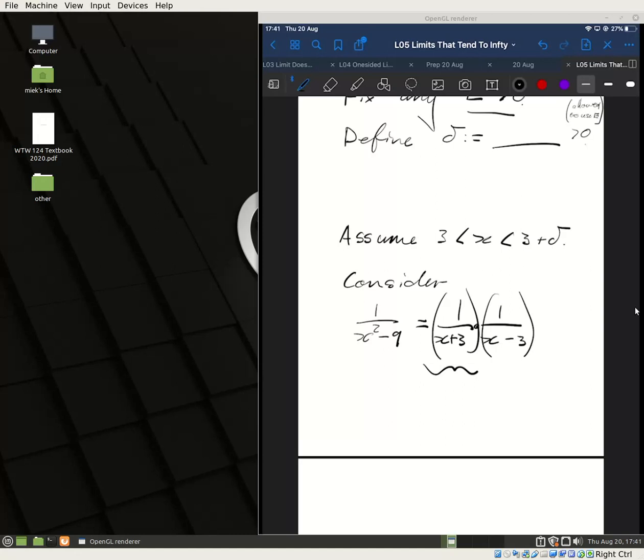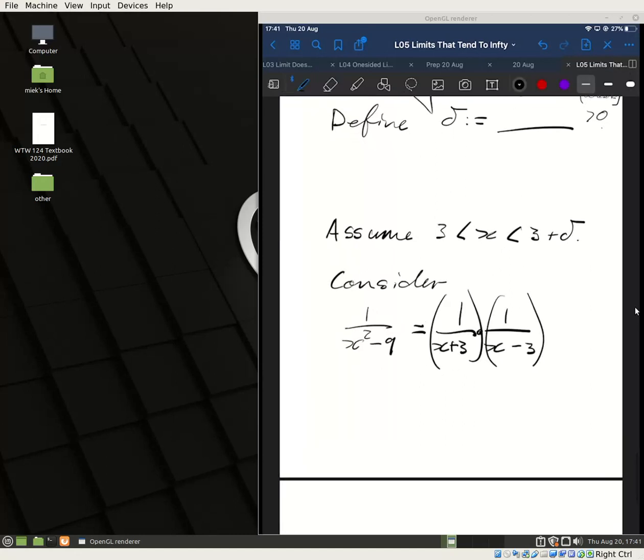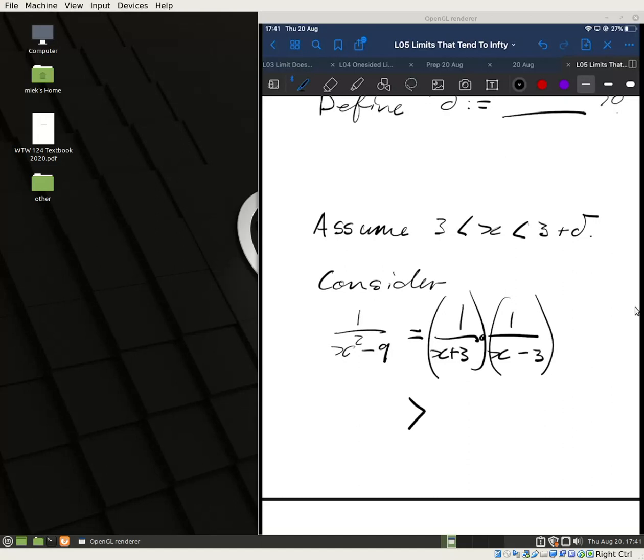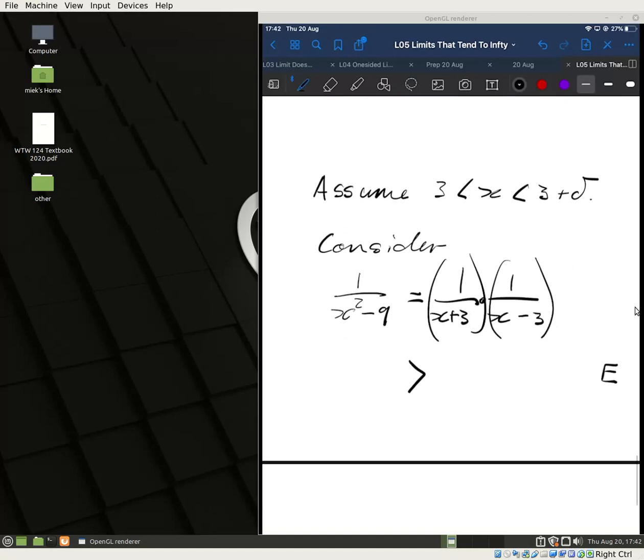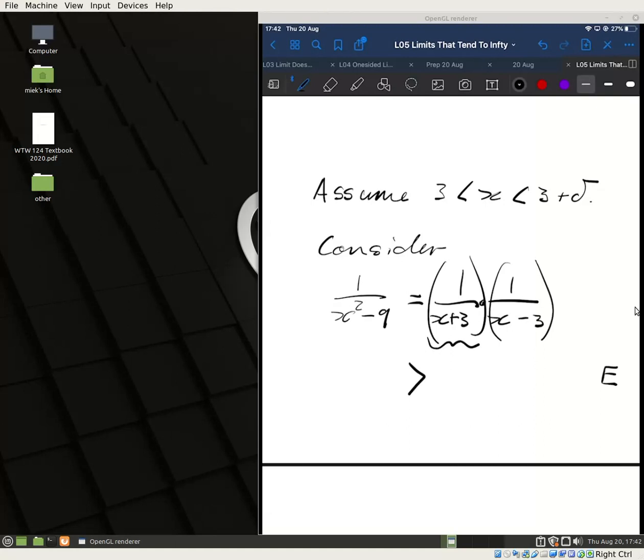You see, if x is equal to 3, then this factor is a constant, 1 over 6. So we want to finally get everything bigger than E. So we have to somehow bound this factor from below. So we have to somehow get this factor to be bigger than some constant. And that will allow us to use the other factor to choose our delta appropriately.